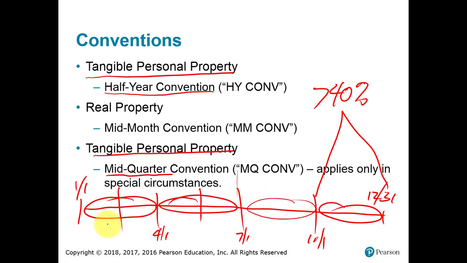Again, that's assuming you backload the purchases, more than 40% here at the end of the year. And the mid-quarter doesn't just apply to this last quarter, it applies to each of the 4 quarters if this fourth quarter has more than 40% of the year's purchases, or again, placed in service, for personal property.